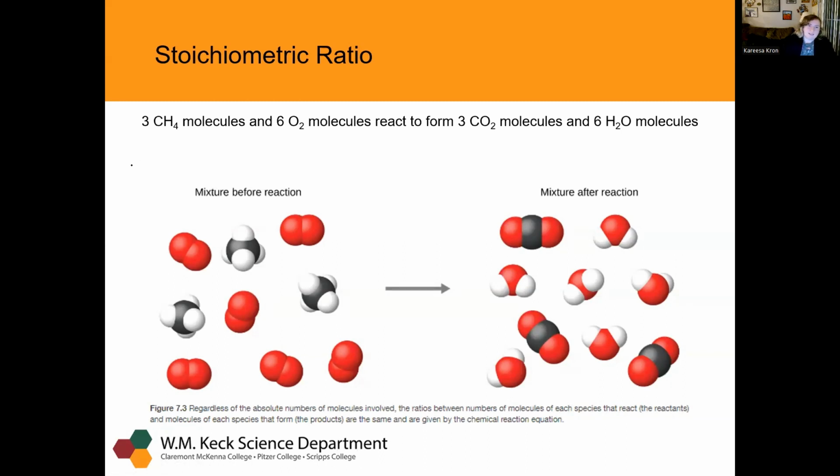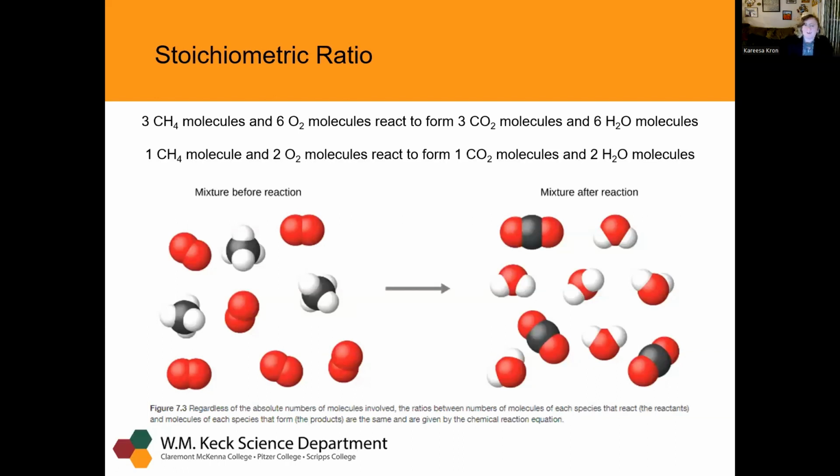And what this tells us is that we have some reaction happening that's occurring at some multiple of the reaction that we wrote on the last slide. So if we reduced each of these values, at the reaction level, what's actually happening is going to be 1 methane is going to react with 2 oxygens, and out will come 1 CO2 and 2 waters.